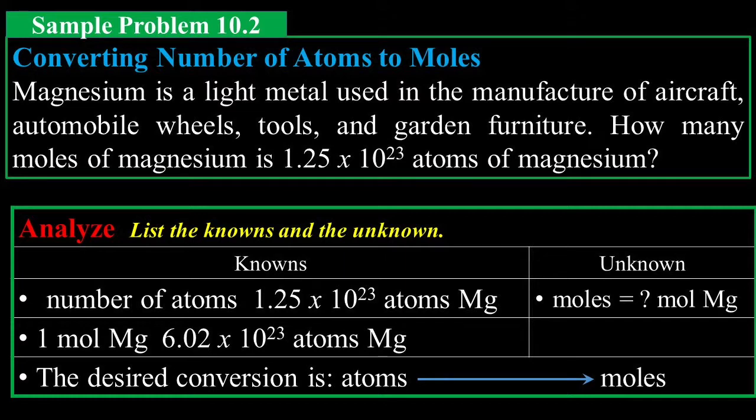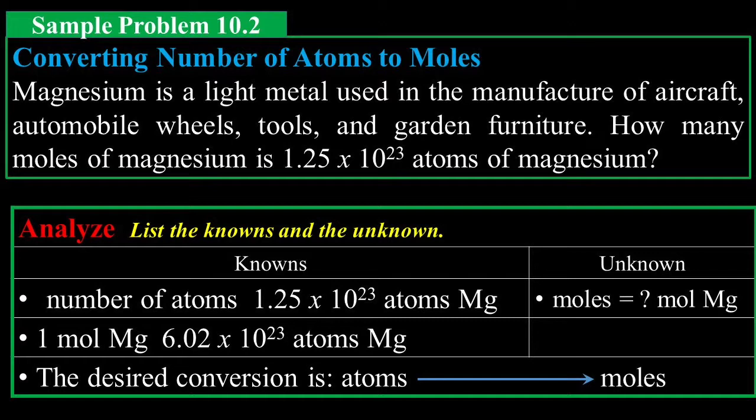Well, the first one: magnesium is a light metal used in the manufacture of aircraft, automobiles, wheels, tools, garden furniture. How many moles of magnesium are in 1.25 times 10 to the 23rd atoms of magnesium?